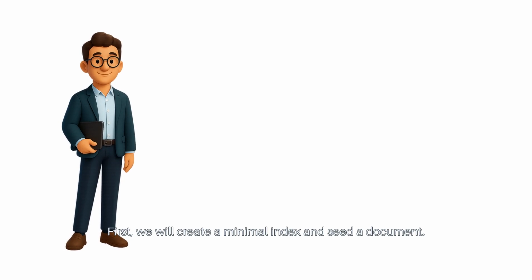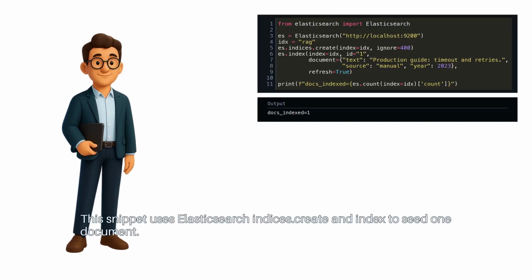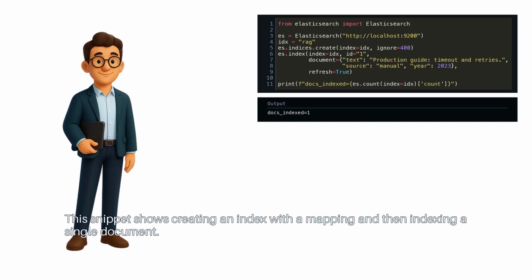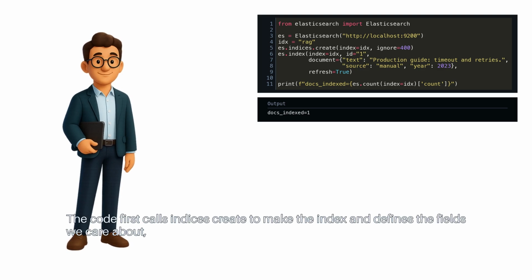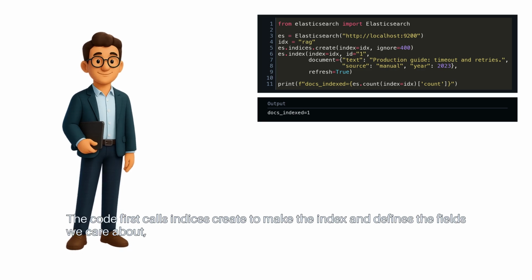First, we will create a minimal index and seed a document. This snippet shows creating an index with a mapping and then indexing a single document. The code first calls indices.create to make the index and defines the fields we care about.